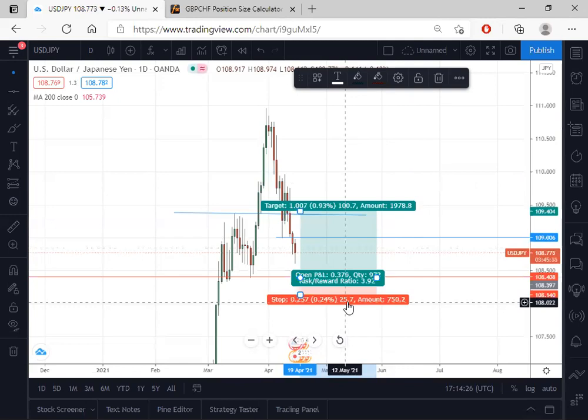So for every time, let's say you were risking $100, if we basically round it off, if you're risking $100 with this 25 pips, you stand to make $400 on each and every single trade. So even with a 50% win rate, you'd probably still be net profitable if you let your system trade itself out.